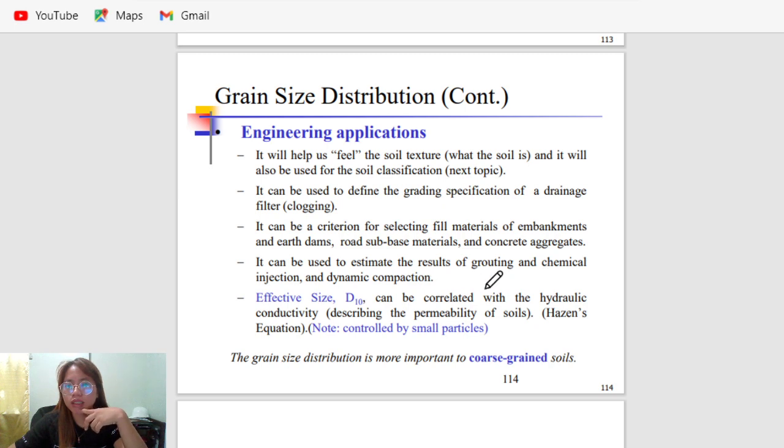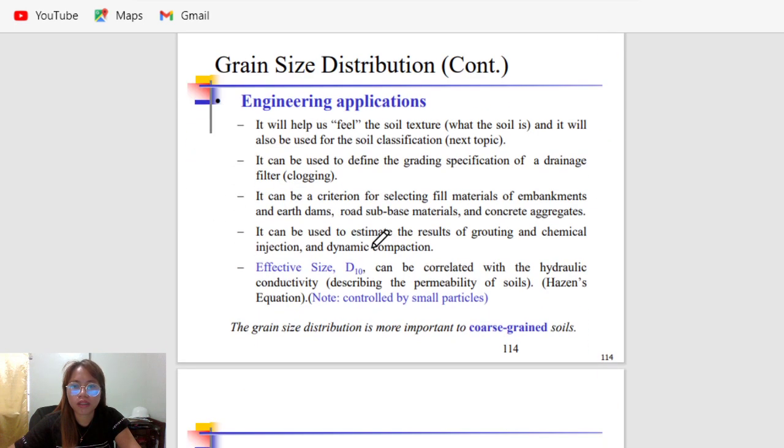It can be used to estimate the results of grouting and chemical injection and dynamic compaction, and effective size can be correlated with the hydraulic conductivity, describing the permeability of the soils in Hazen's equation. The grain distribution is more important to coarse soils. So these are the important implications or applications of the grain size distribution.